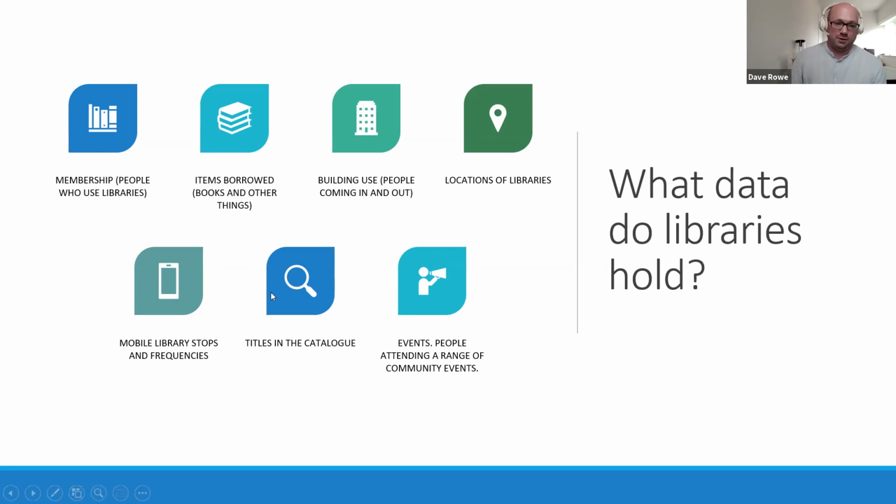And then things like titles in the catalog, and also people attending events. One of the unsung aspects of libraries these days is that they run loads and loads of events: events for parents and children, events for adults, things like rhyme time and baby bounce, and events to tackle loneliness in adults. So one major aspect of the library is not just reading, it's also running lots of events, which they again have lots of data on.